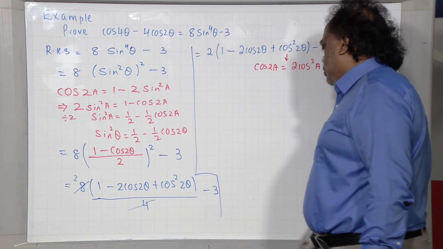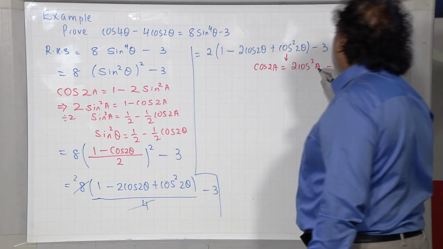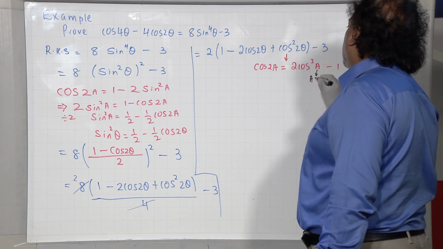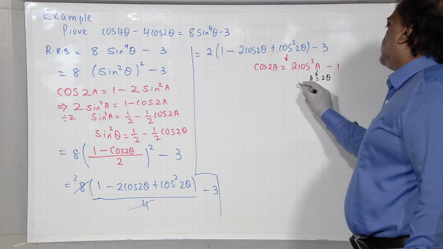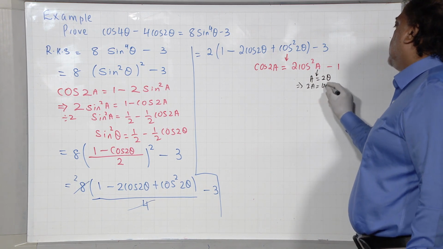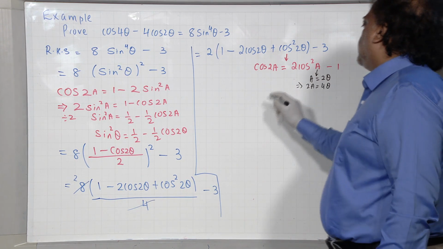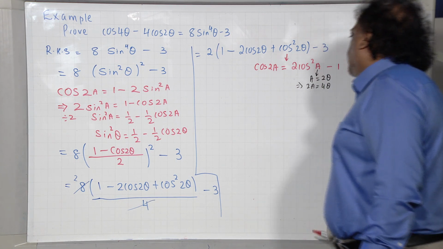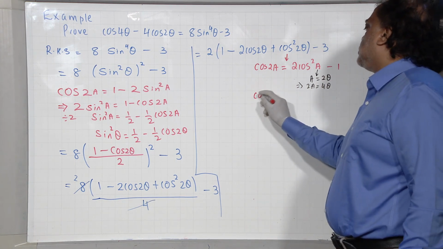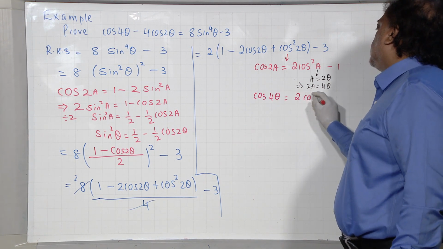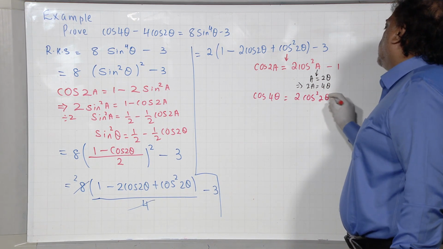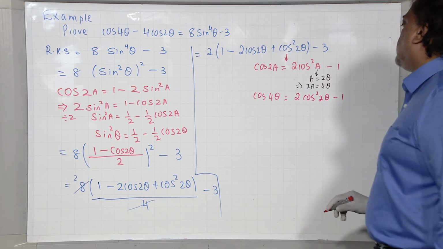This time, I'm going to replace a by 2 theta, so that 2a will become 4 theta. So the double angle formula becomes cos 4 theta is equal to 2 cos squared 2 theta minus 1.